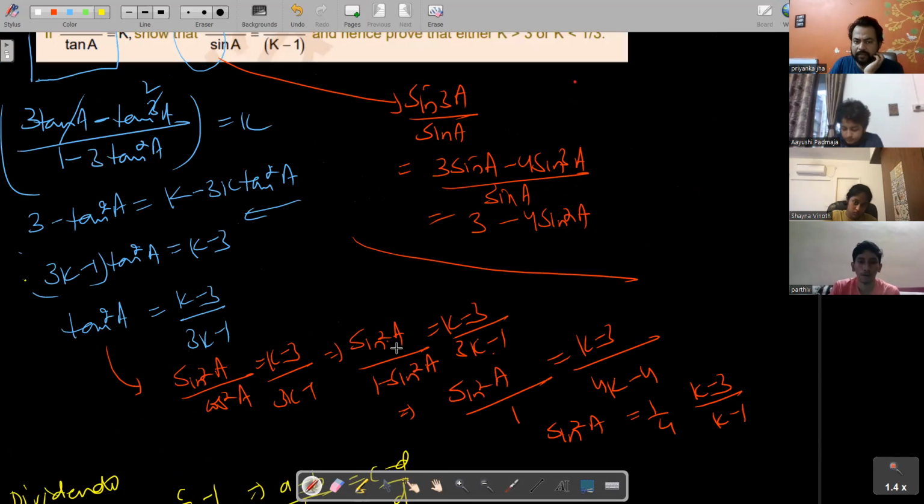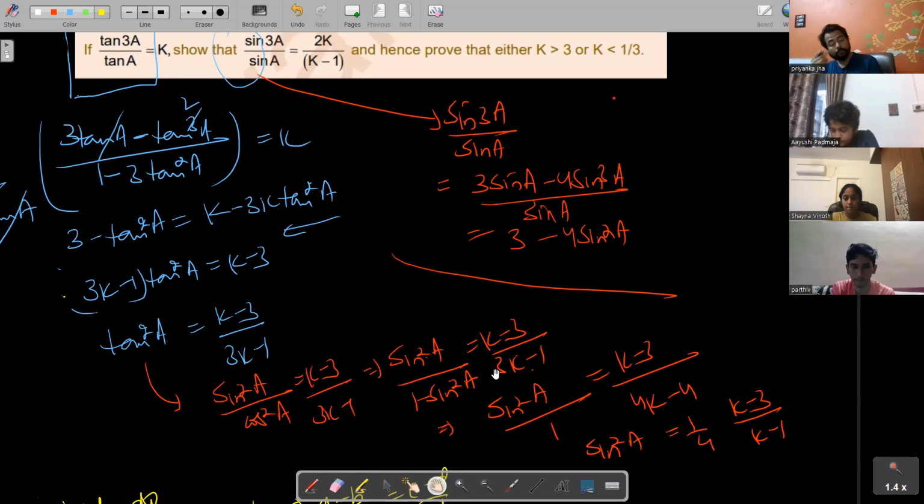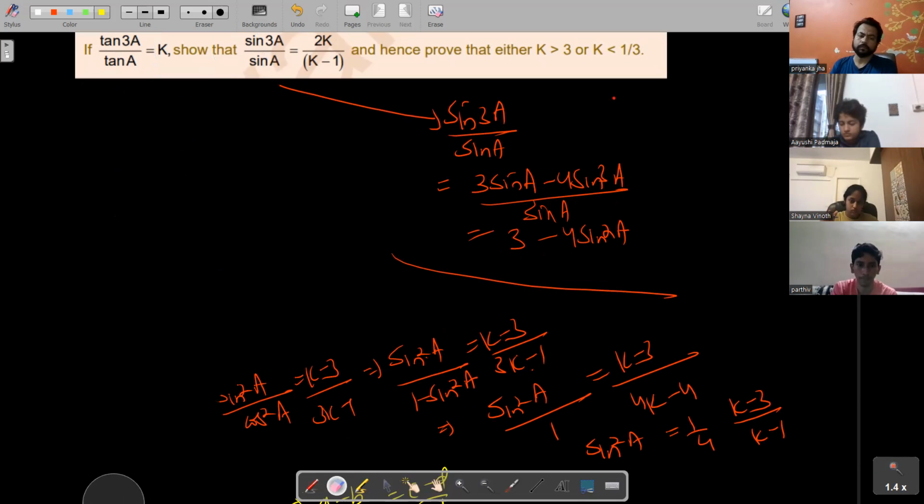I can see that if I add sin square A to this thing, sin square A will get cancelled and we'll have 1 only. Let me erase this part. Noted now?